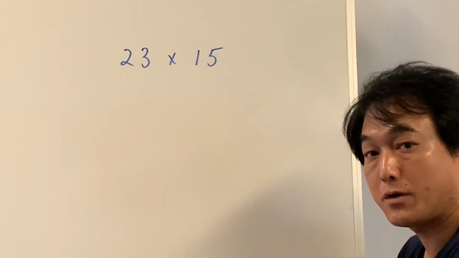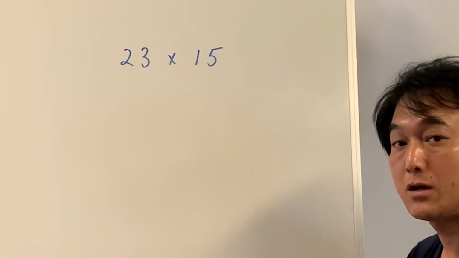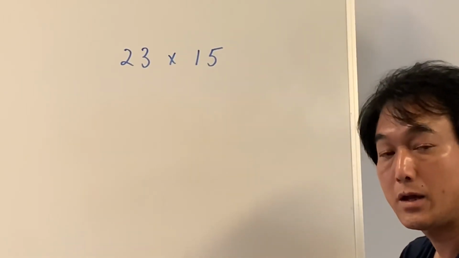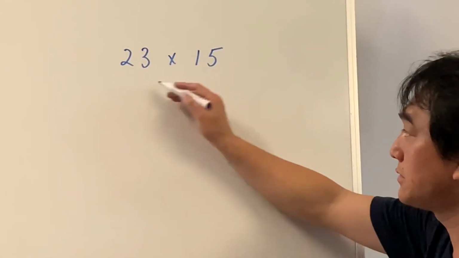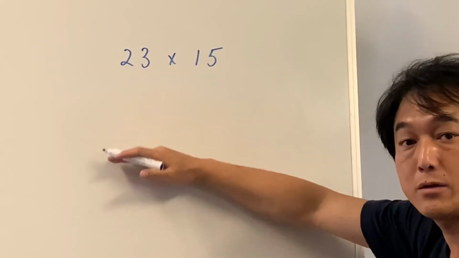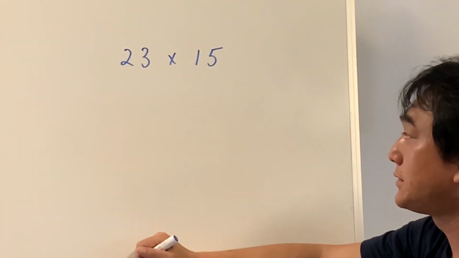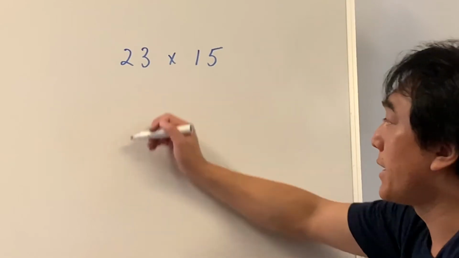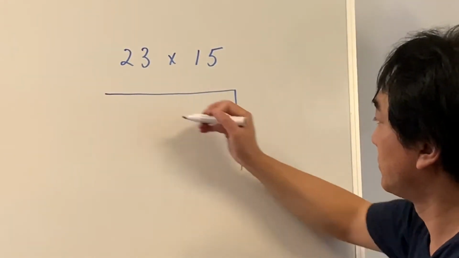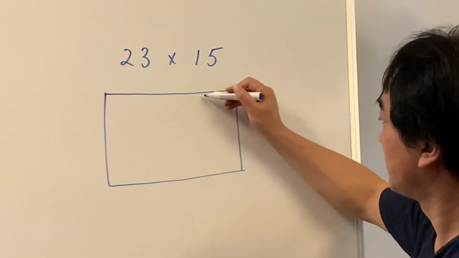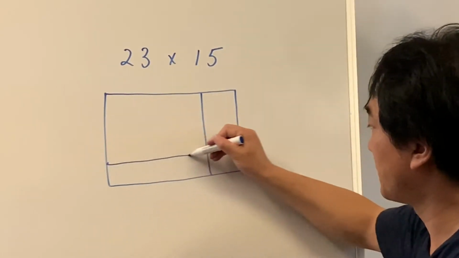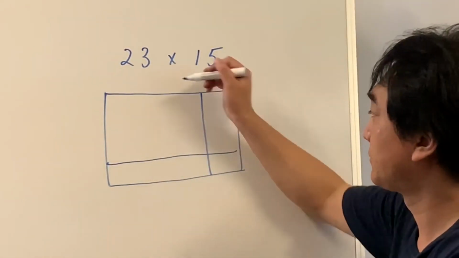So this video is about the area model. The great part of the area model is this actually helps your mental computation. Some of you may be able to do this in your head.